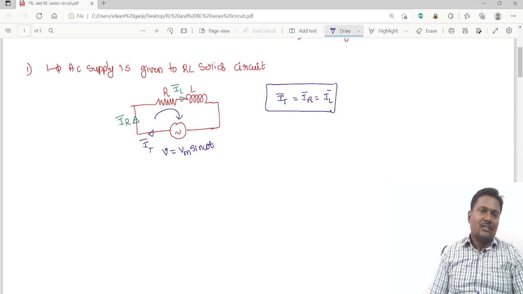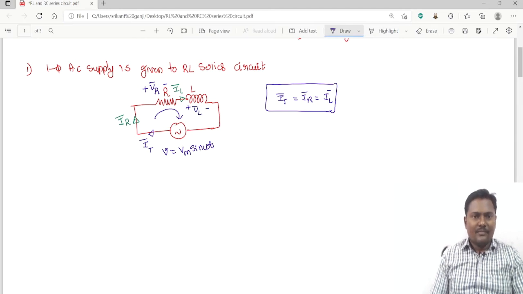When the current flows through R, it produces a drop, that is V_R bar. I am taking the positive half cycle, where current always flows from higher potential to lower potential, and here also plus V_L bar. The instantaneous values of the voltages are represented with small letters and the phasors with capital letters.